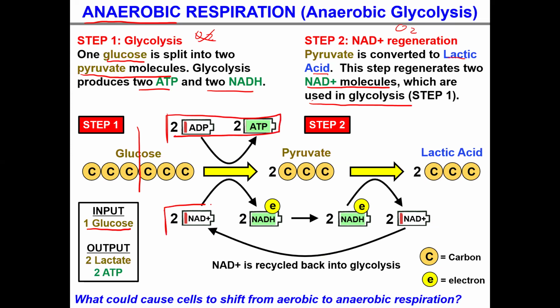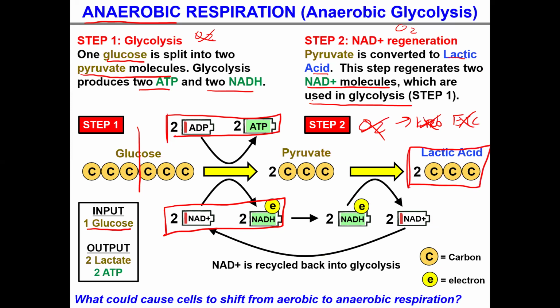And again, we're still producing our NADHs from our NAD plus. But again, because we don't have oxygen, the absence of that, it's not going to go to the Krebs, and it's not going to go to the electron transport chain. Instead, it's going to go through fermentation, and it's going to be producing lactic acid right here.